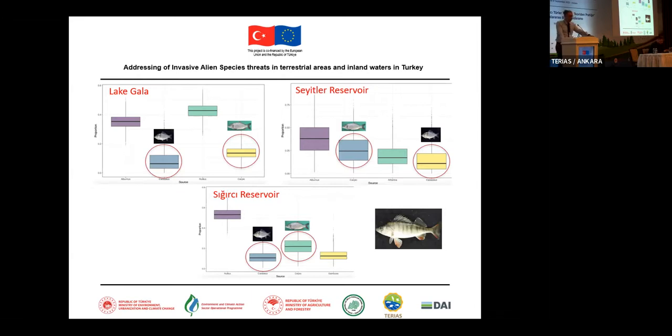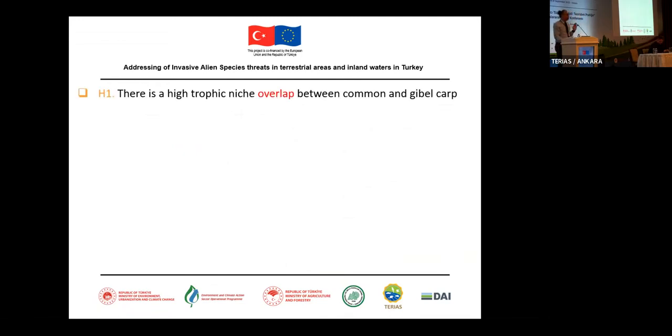So this also showed us there is some relevancy that gibel carp somehow managed to avoid the predator pressure of the perch. In that way, we were able to combine all this data together, and this allowed us to test all of our hypotheses and, in the end, our predictions.